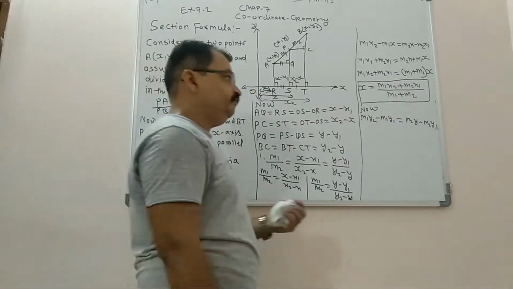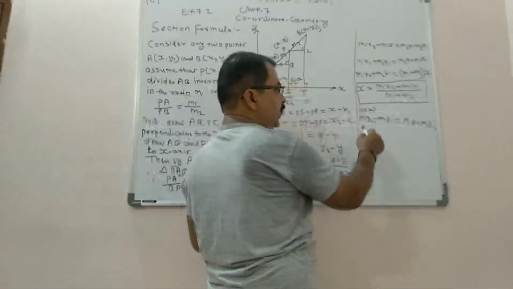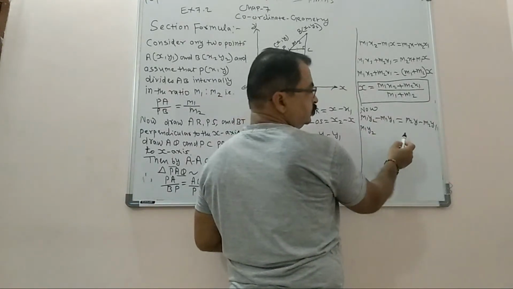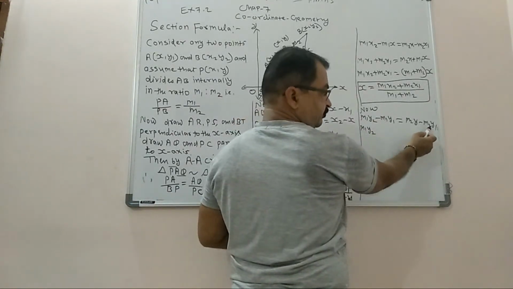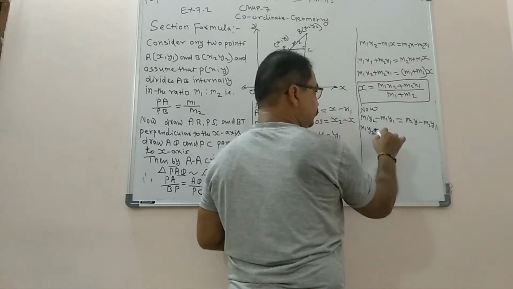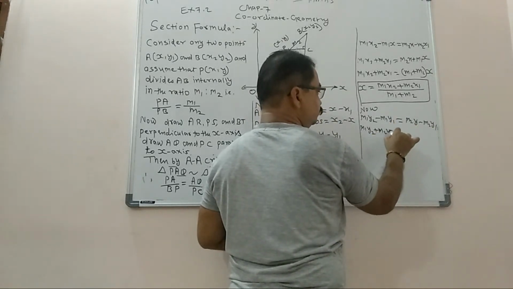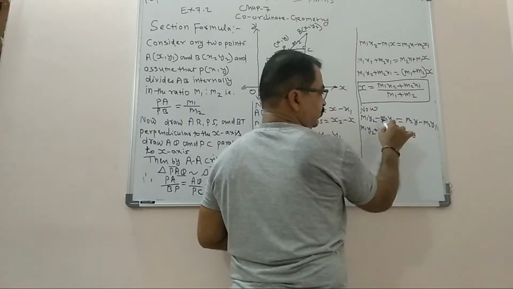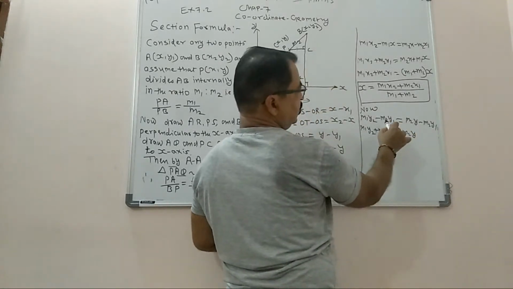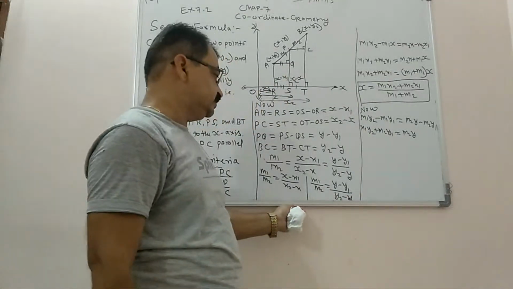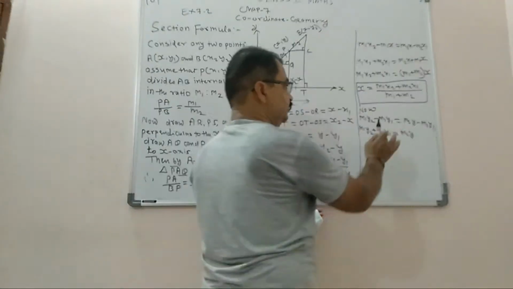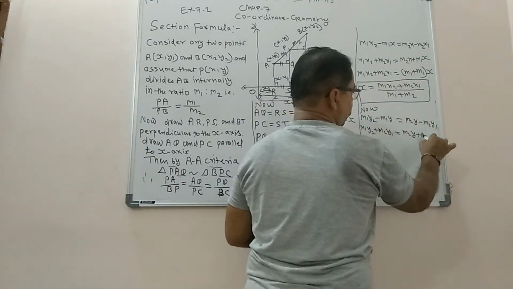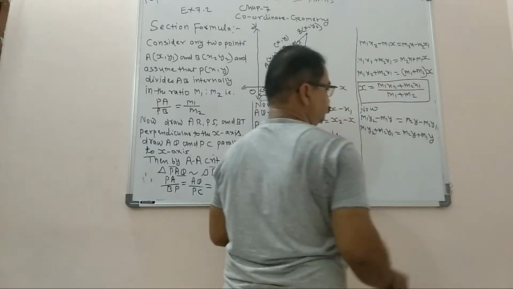Now same work, see m1 y2, then take this minus m2 y1 on this side, so plus m2 y1, and then m2 y, take this minus m1 y, it must be y, m1 y, not y1, right? So this will be m1 y, right, children?